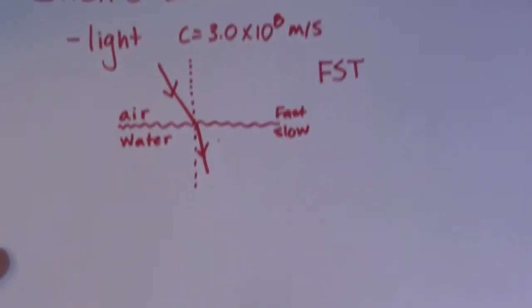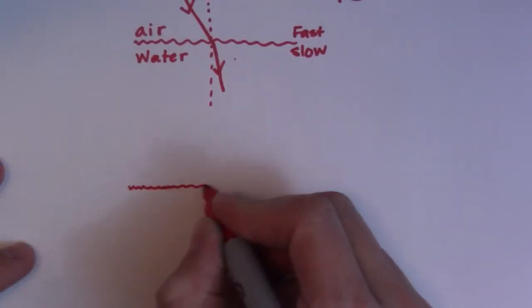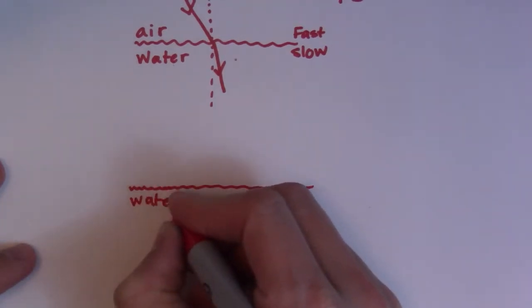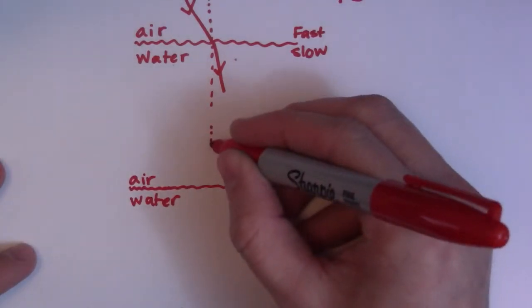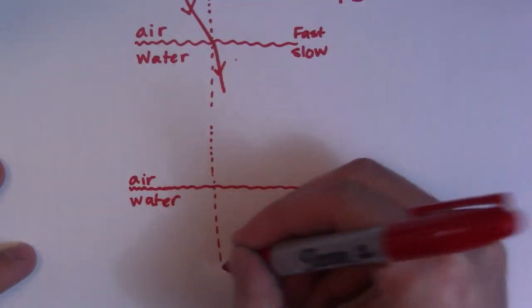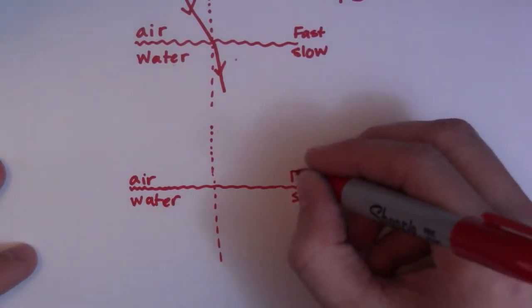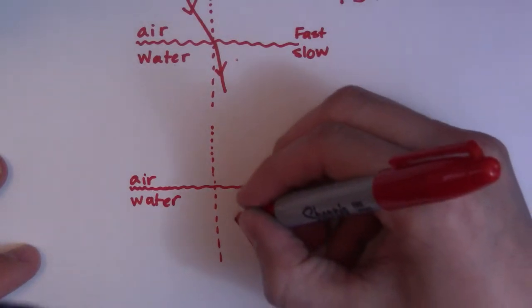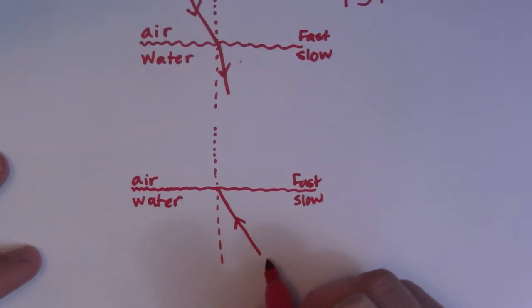Now if I had the opposite scenario, I'll draw a similar idea. Here's the water and air again, and I'll draw my normal line first this time. Again I have a slow medium in water and a fast medium in air, and the light comes up this way this time. There's something down here that the light is reflecting off.